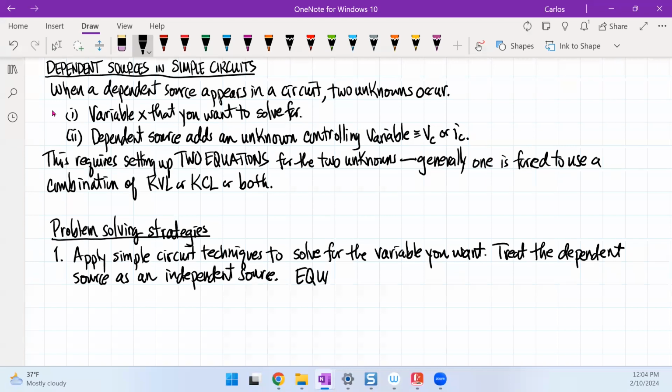This process here sets up equation 1. What you're going to find here is that equation 1 now has one equation, but two unknown variables. The variable you want to solve for and the controlling voltage or current.